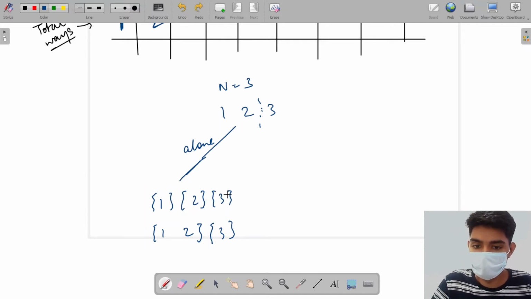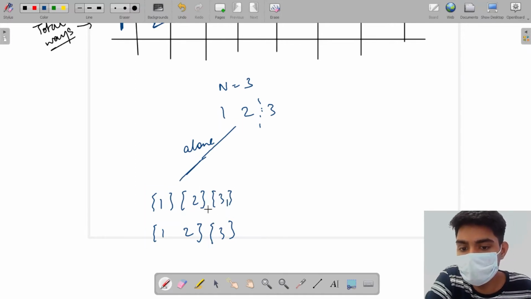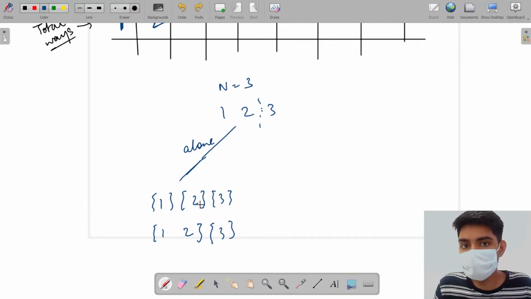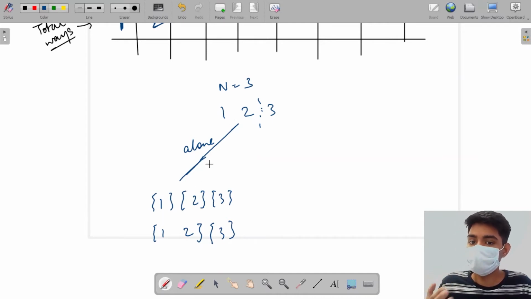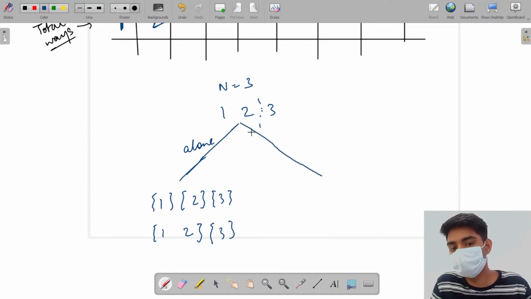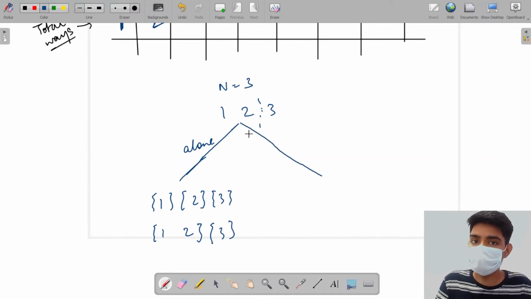But since 3 is deciding to go alone, now 3 is dependent on these ways only. I hope you are understanding this point, that since 3 is deciding to go alone, he is dependent on 1 and 2 and the number of ways for 1 and 2 only. Now, I hope you understood this point. We are going to see this for n equals 4 as well, so this will be more clear.